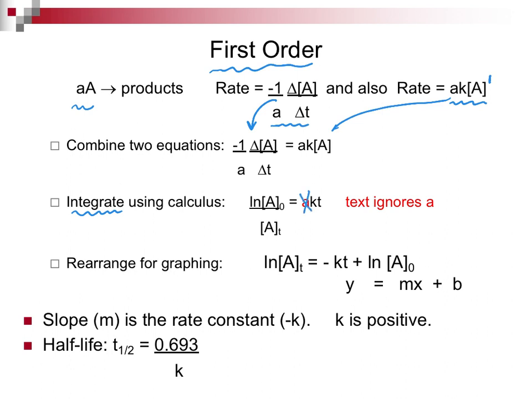Once again, your textbook is going to ignore A, and it will be rearranged for graphing so that y is equal to mx + b. The slope remains minus k, but k must be positive, and here is our expression for the half-life.